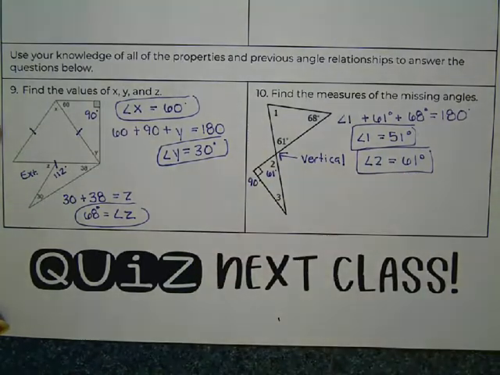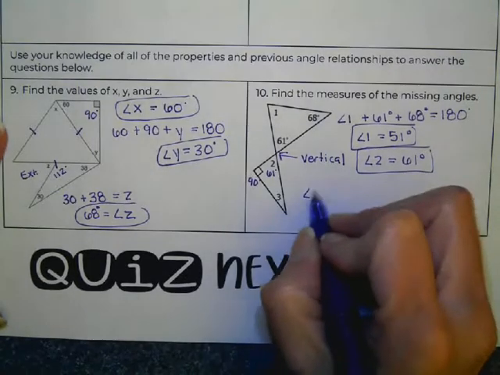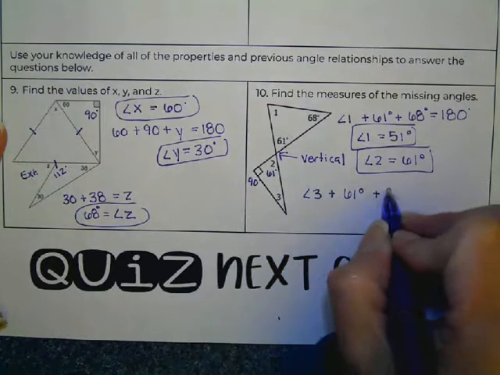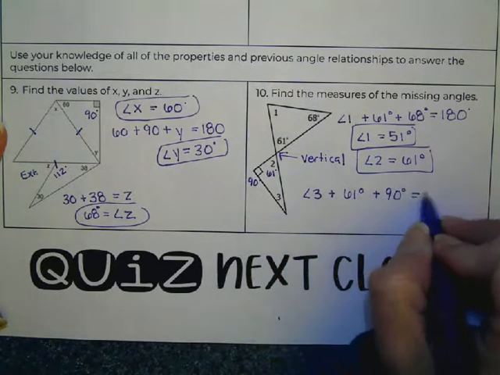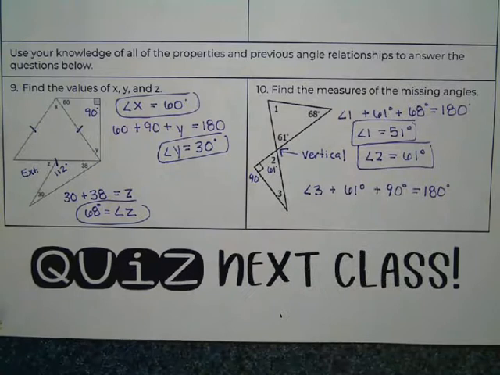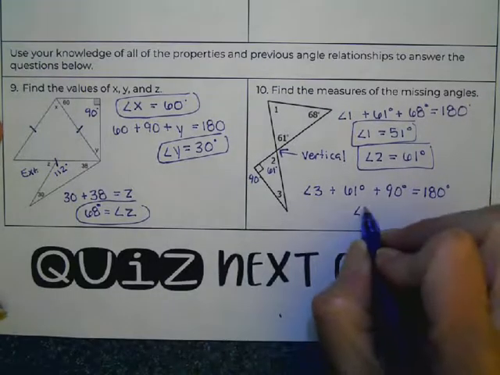Angle 3 is missing, so again you could do angle 3 plus 61 degrees plus 90 degrees should equal 180. So we can figure out the missing angle by subtracting those from 180. So 180 minus 61 minus 90 leaves us angle 3 is 29 degrees.